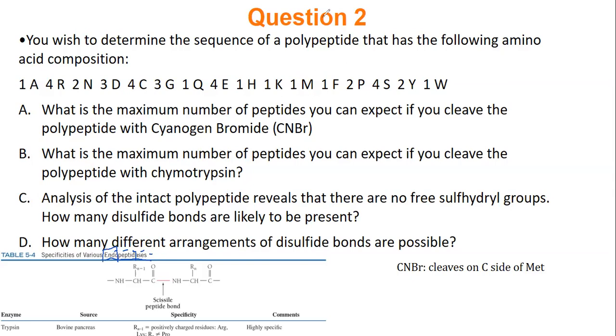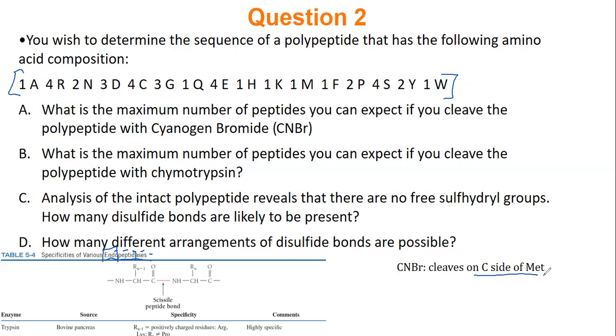All right. So let's take a look at some questions for our understanding here. So I have a polypeptide, and my polypeptide has these amino acids. I know it has these amino acids. I don't know what order they're in though. So I want to begin to figure out what order these amino acids are in. So let's say I use the endopeptidase cyanogen bromide, which will cleave on the C-terminal side of any methionine.